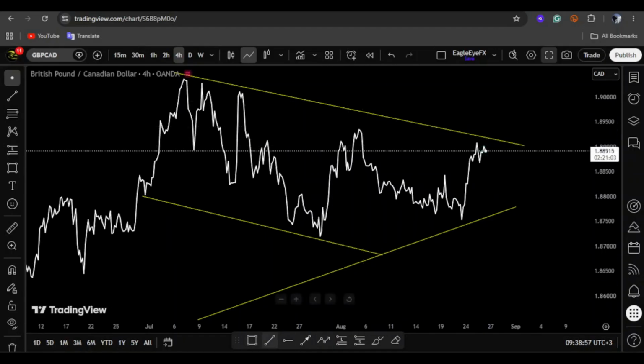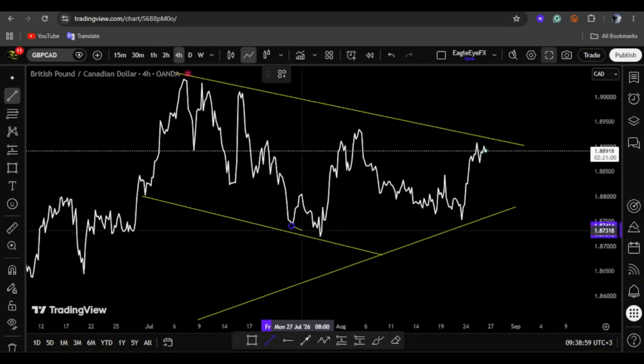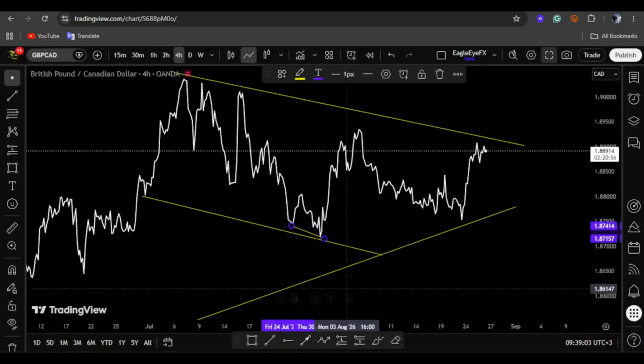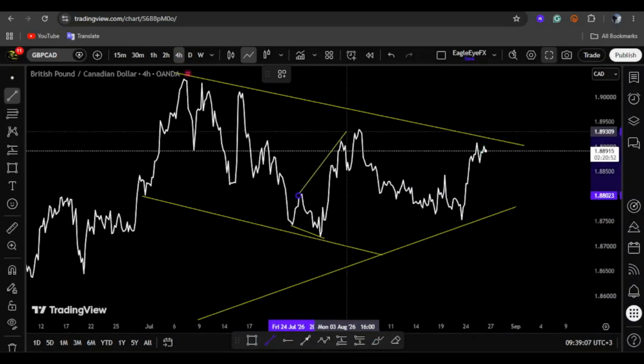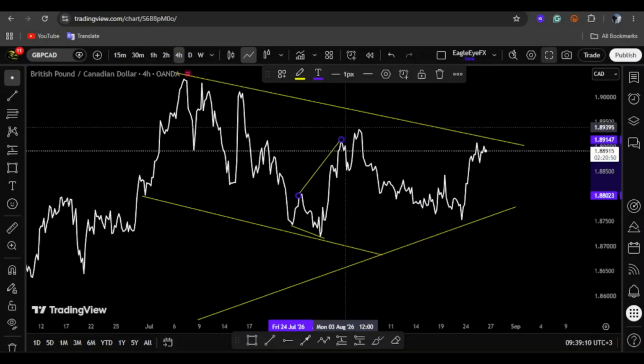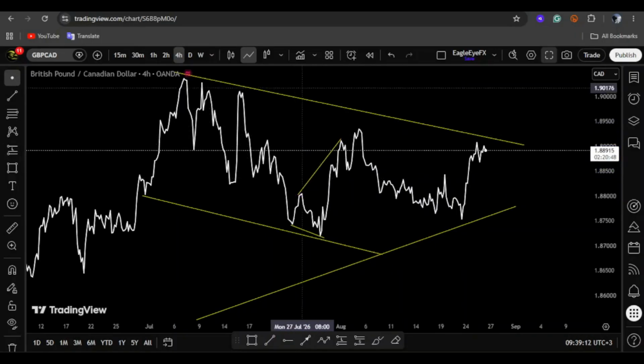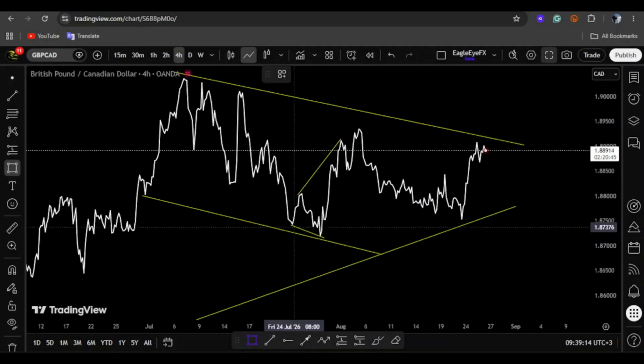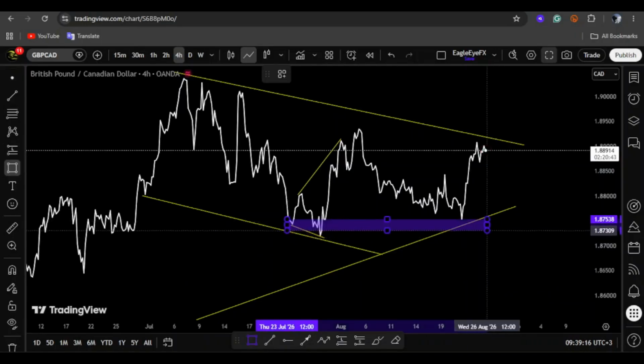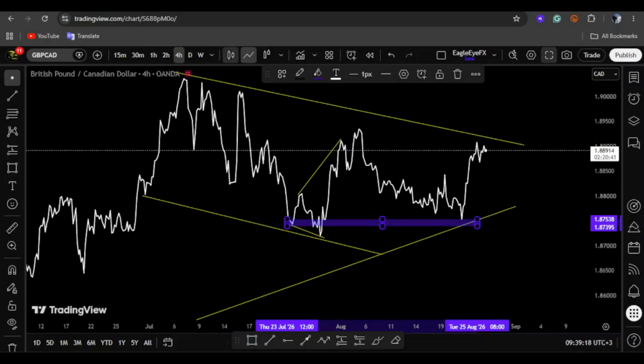You can see that as the market approached this level, it gave us this lower low, right? So we had our break of structure here, and then we had our change of character. You can see our change of character over there. So definitely what we are looking for is this market coming back to this level over here.